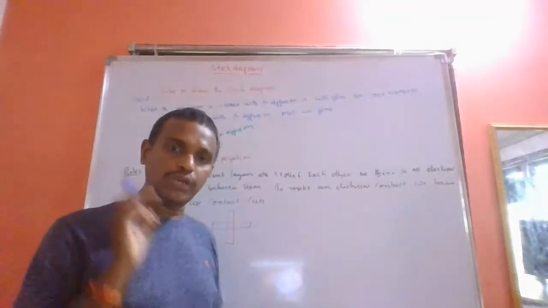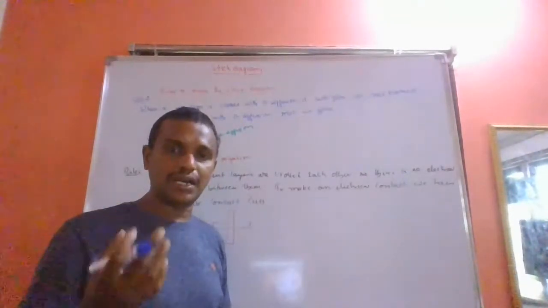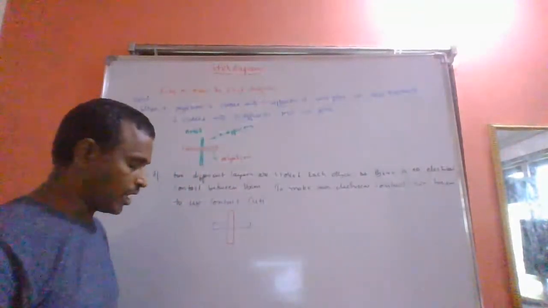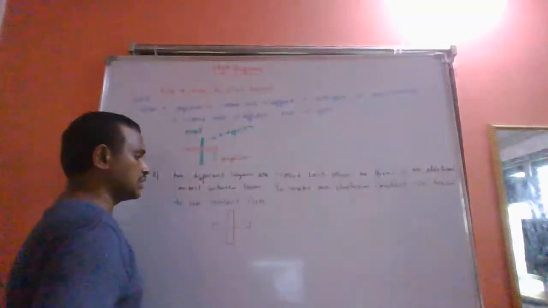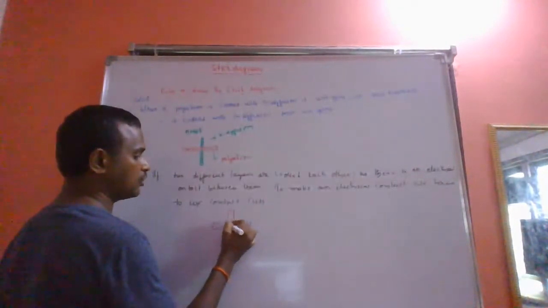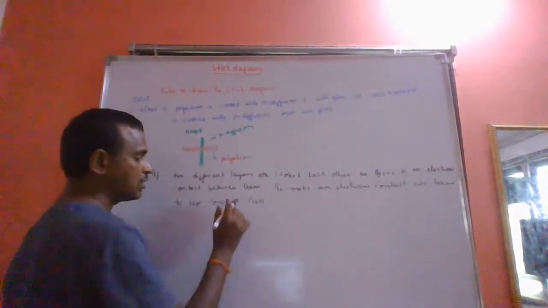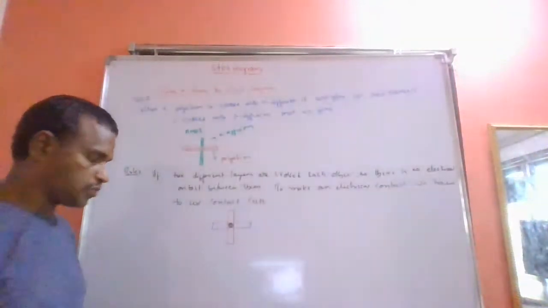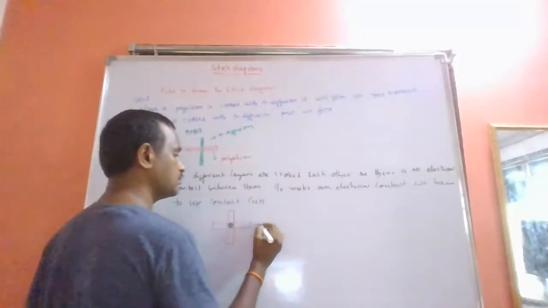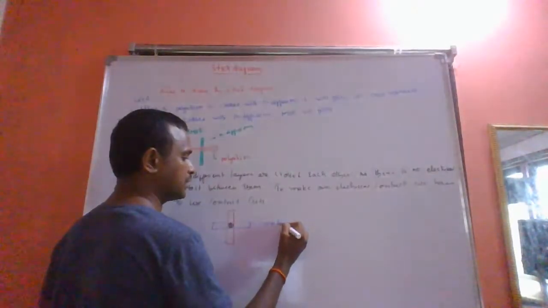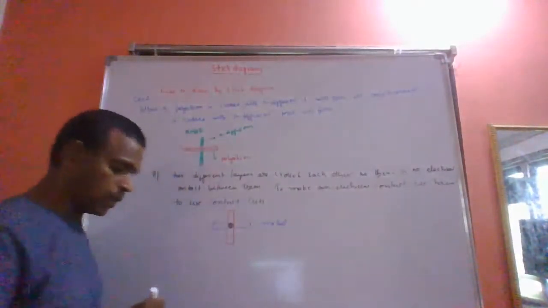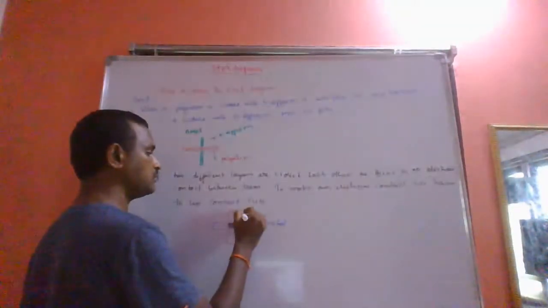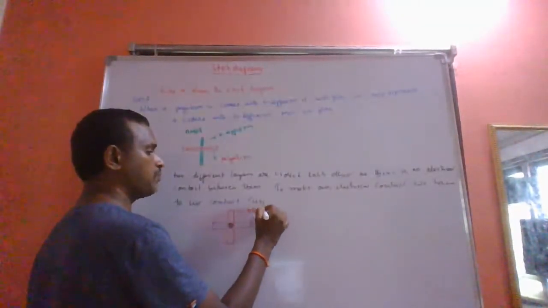To make that electrical contact, we have to use the contact cuts, which we can represent with the black color. So now there will be an electrical contact between this polysilicon and metal layer. This one is the metal, both are different layers, and this one is the polysilicon.